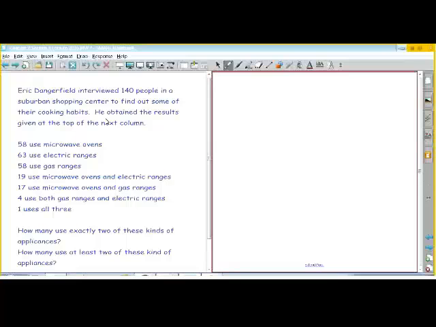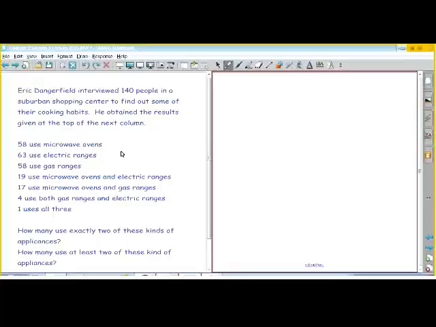They interviewed 140 people in the mall, and the results of the survey were: 58 people use microwave ovens, 63 use electric ranges, 58 use gas ranges, and then we have the ands: microwave and electric ranges, microwave and gas ranges, gas and electric ranges, and somebody had all 3. We're going to use that information to fill out a Venn diagram, and then we can answer these additional questions just like we did in one of the earlier problems.